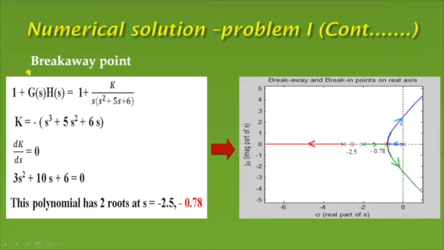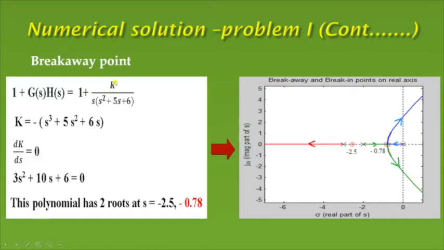Then calculate the break-away point. One root locus starts from this 0, another root locus starts from this -2. Then these two root loci meet at a point on the real axis. So find this point; this point is called the break-away point. Consider the characteristic equation 1 plus G(s)H(s) equal to 0.